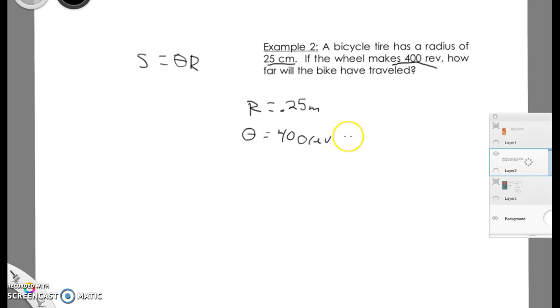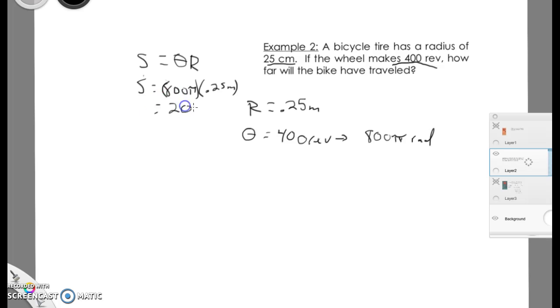So 400 revolutions times 2 pi to get radians is going to be 800 pi radians.